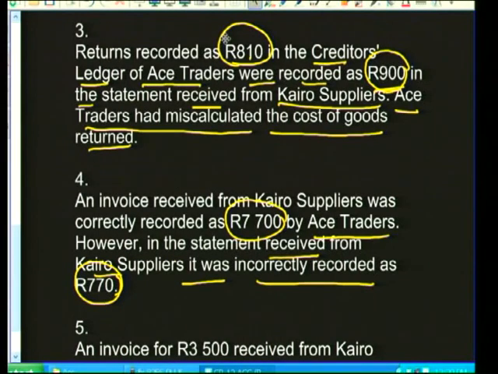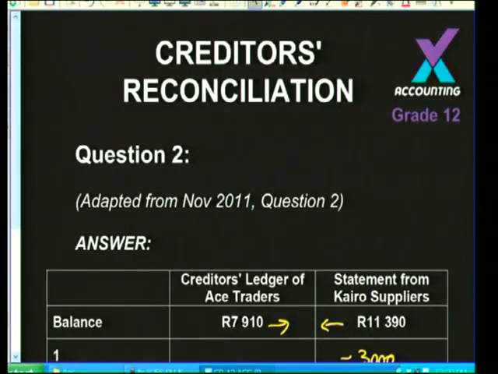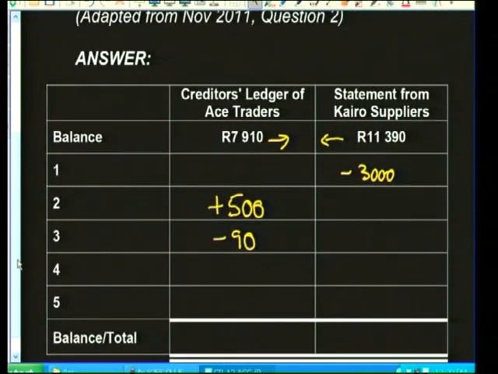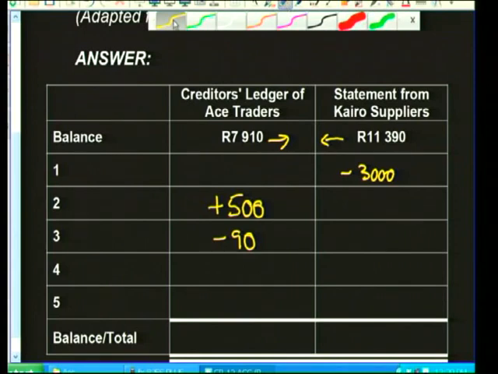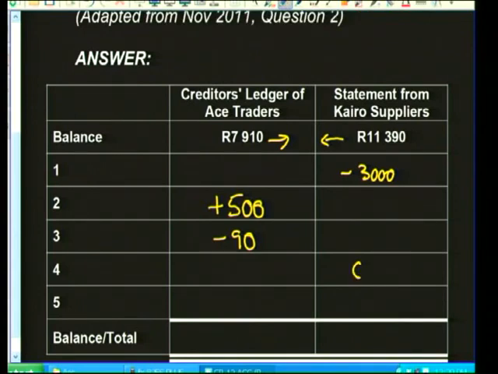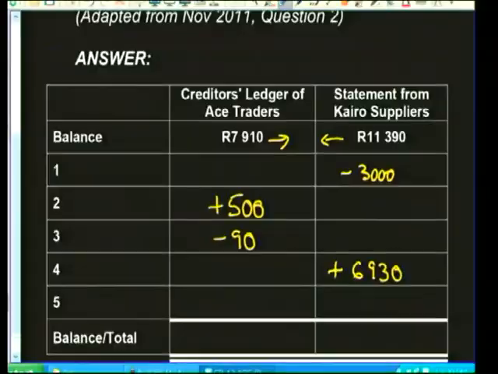What must happen to the 6,930? Clearly you can see that you have to add an amount of 6,930. That amount must be added because they only added 770 instead of the 7,700. Okay, last one.